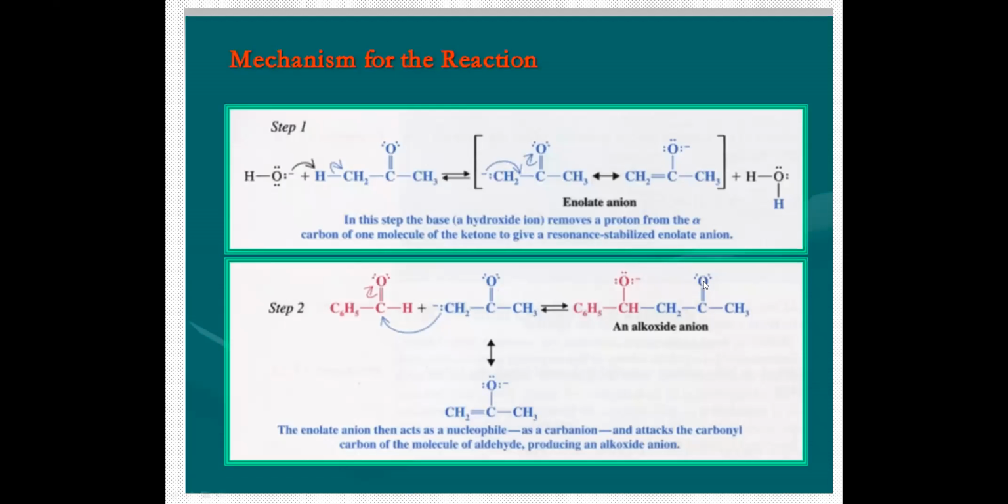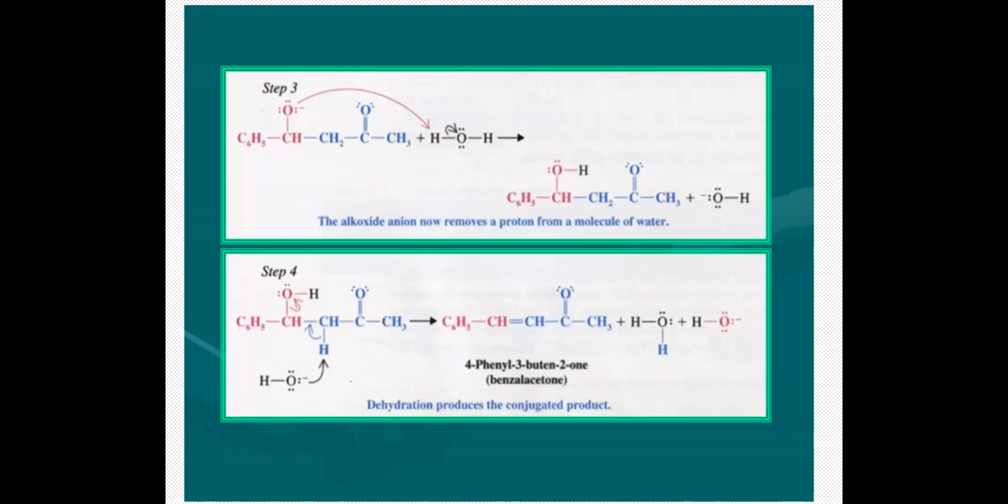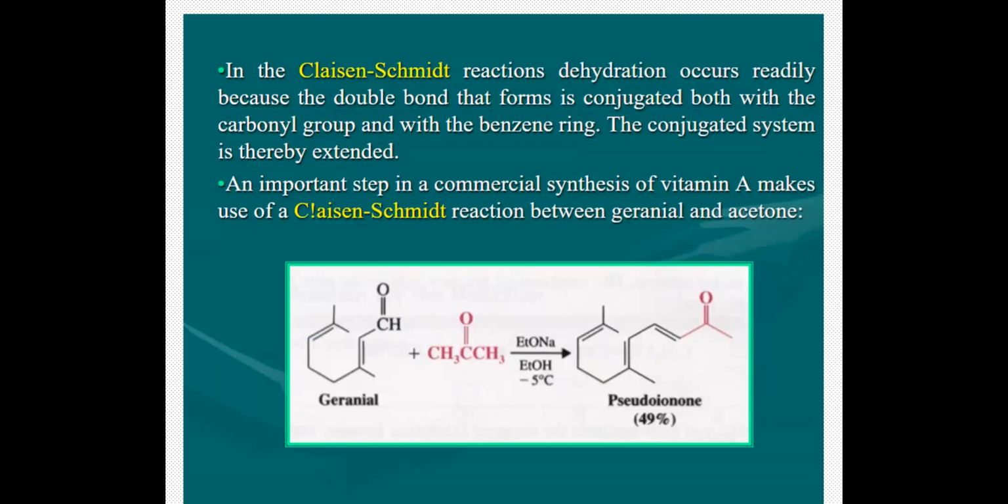It is the same way. Alkoxide formation, it gets protonated. Then again the base abstracts the proton alpha to the carbonyl group, which leads to loss of water, OH minus, and you get an unsaturated carbonyl compound. This Claisen-Schmidt reaction is used for the preparation of pseudoionone, basically in the synthesis of vitamin A. It is used for commercial preparation of vitamin A by the reaction between citral and acetone.